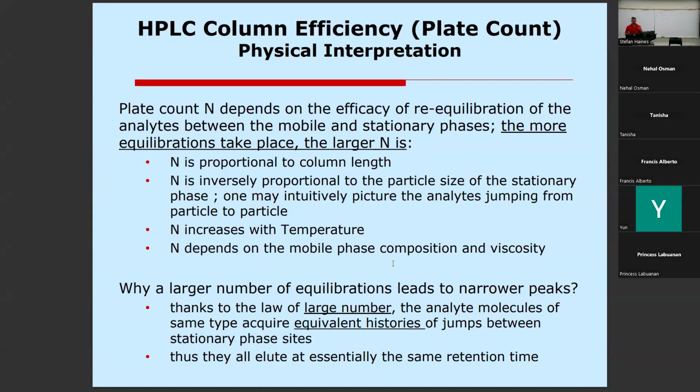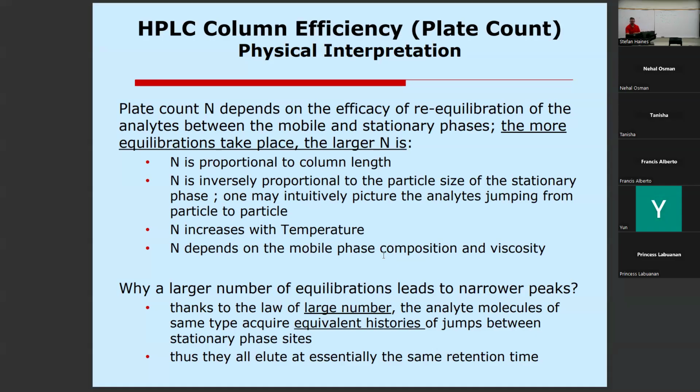You want a longer column, right? Because the longer you go, the longer your similar molecules have a chance to all kind of group together and go the same way, right? So I'm not explaining that very well.